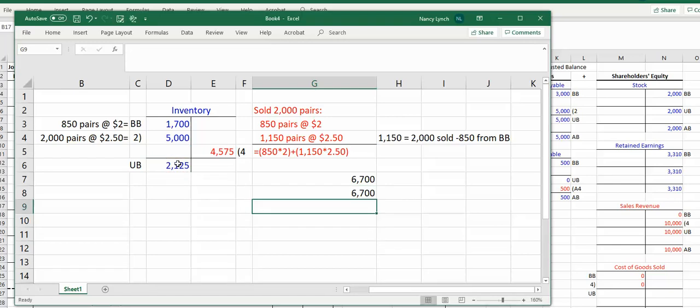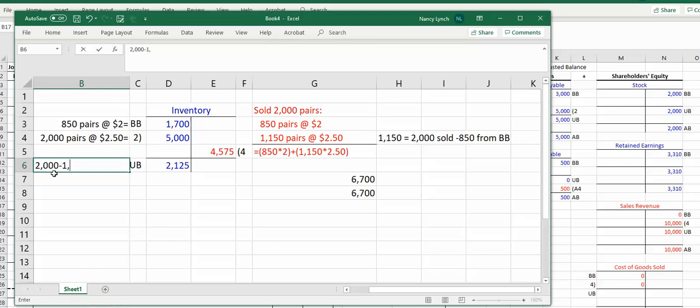Another way to look at this is what's left in inventory. Well, as far as what's left, if you remember, all of these are gone, and we've taken 1,150 from this shelf, so to speak. So what's left is we have the 2,000 minus 1,150 pairs at 2.50.